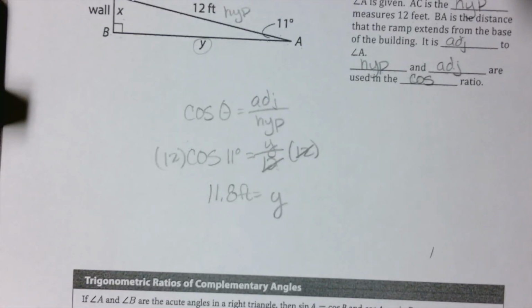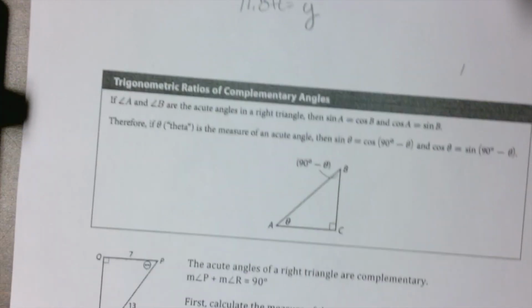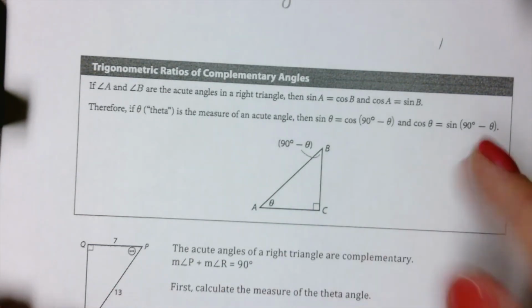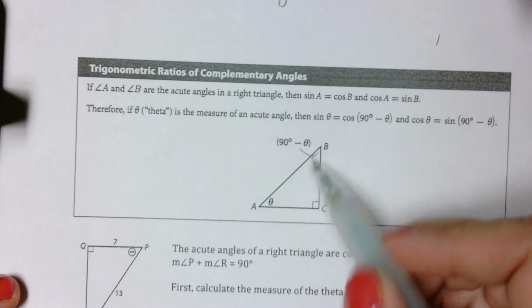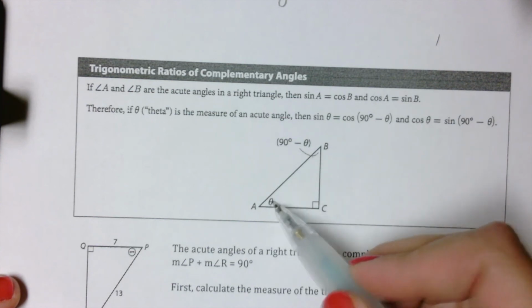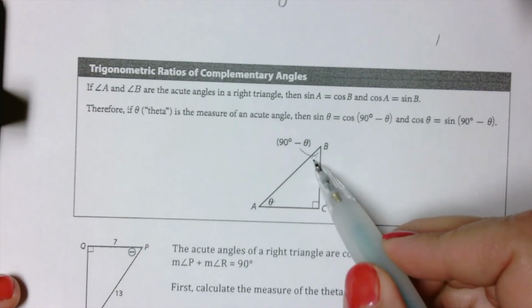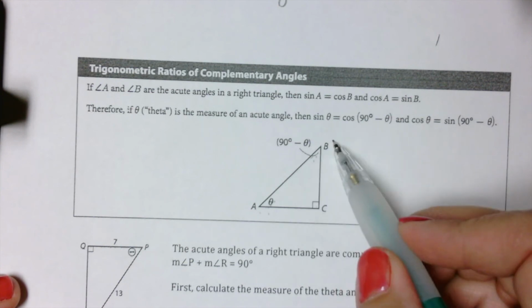The last thing we want to look at in this lesson is trigonometric ratios of complementary angles. So you've got to remember that complementary angles are any two angles that add together to equal 90 degrees. So in a right triangle, you're going to have a pair of complementary angles. The two acute angles in a 90 degree triangle are going to be complementary to one another, meaning that the measure of angle A plus the measure of angle B equals 90 degrees.